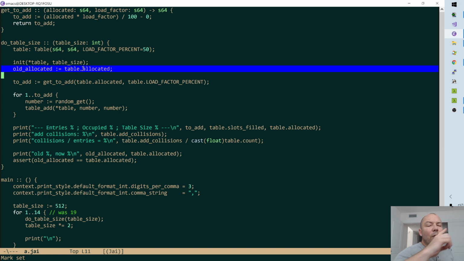I wonder if there's a pathological case when the load factor, guys, I bet when the load factor is 50, we do some math to determine the new table size and we accidentally get the same size. Which is why it's double the number of collisions, because we remake the same table at the same size. That would be a bug in the hash table, right?